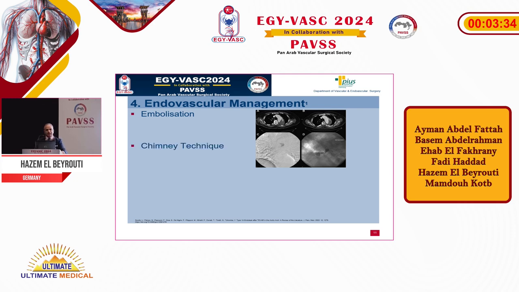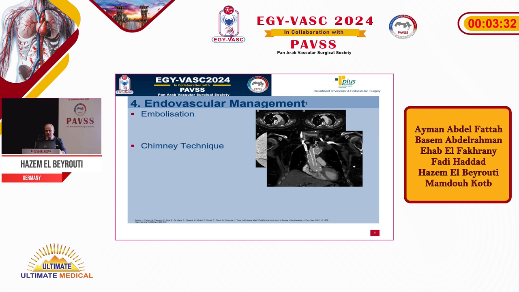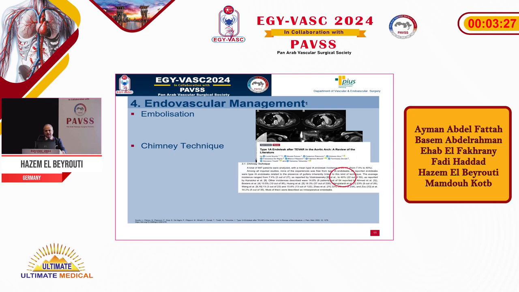The chimney technique, but as you know, here we have an increased risk of re-endoleak with an incidence of up to 40% because of the gap between the chimney and the proximal part of the stent graft.